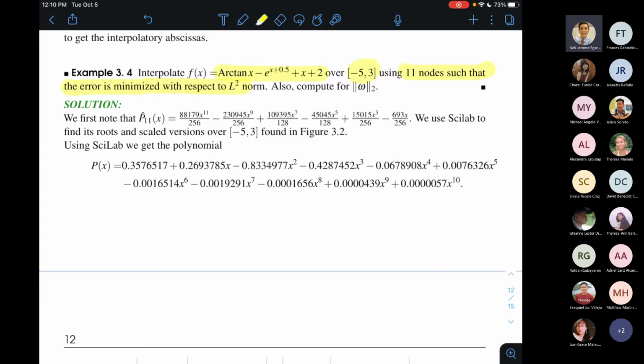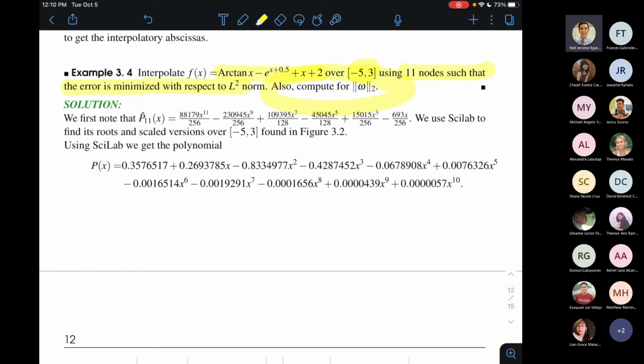So hindi ko sasabihin explicitly kung ano yung nodes na gagamitin, but the phrase, the error is minimized with respect to the L2 norm, should signal to you na ang kailangan yung gamiting nodes ay yung roots ng Legendre polynomial of degree 11. Kasi 11 nodes yung kailangan, and we will be getting a polynomial of degree at most 10. Okay? And then there is a pahabol na instruction, we compute for the L2 norm of omega. Okay?